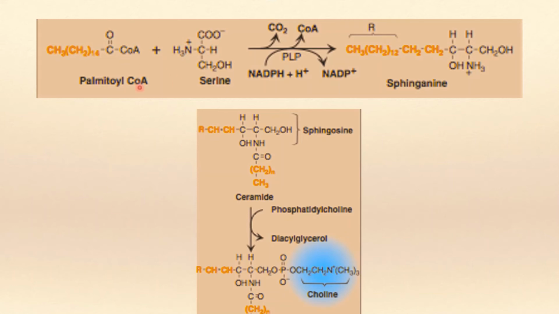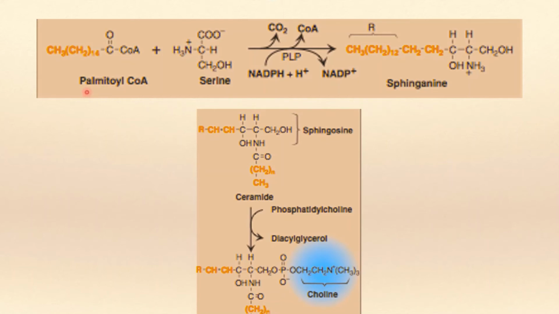Now instead of glycerol, if the alcohol is different, that is a long chain aliphatic alcohol, which is the product of combination of palmitic acid and the amino acid serine, we get a long chain aliphatic amino alcohol, what is known as sphingosine. So how is this sphingosine synthesized?